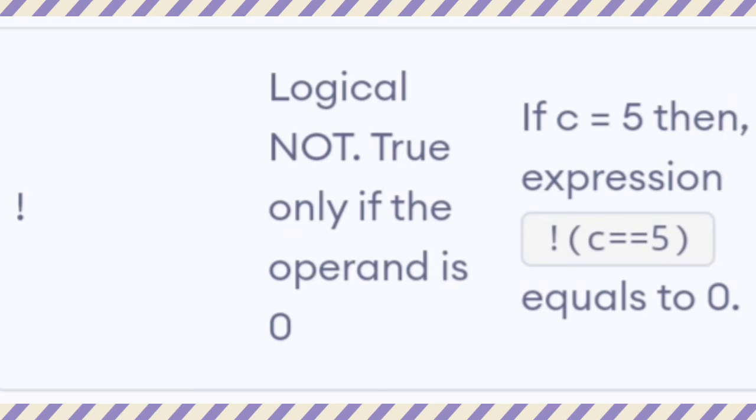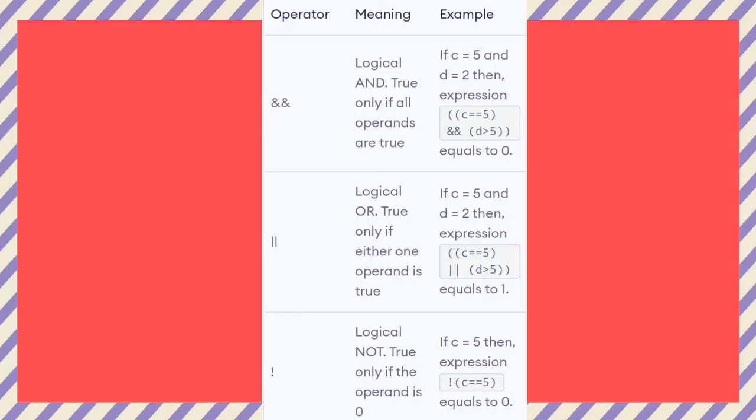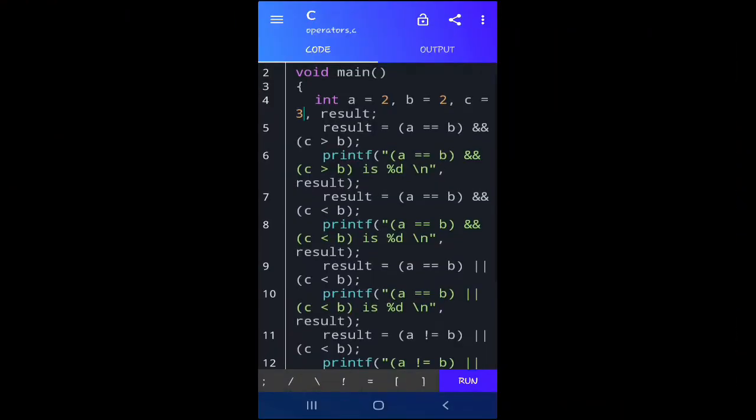These are the three logical operators that we use in C. You can see the examples by the side also. Okay, let's get into the example program and see.